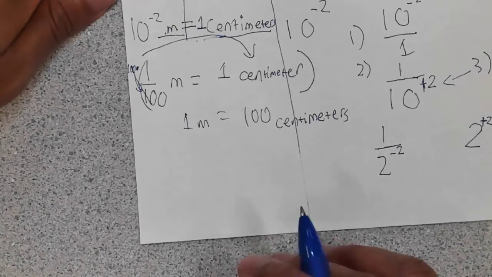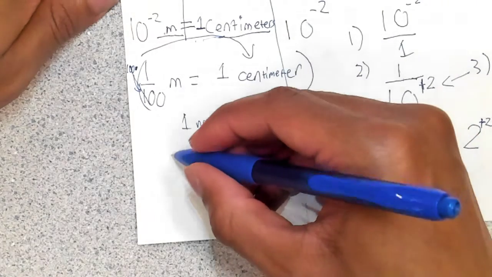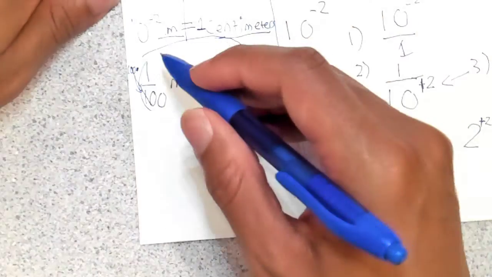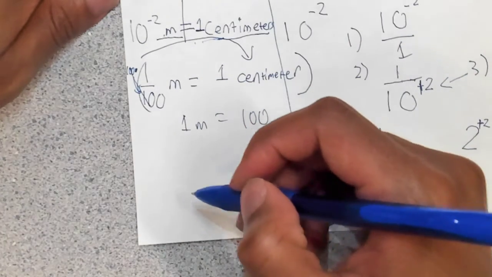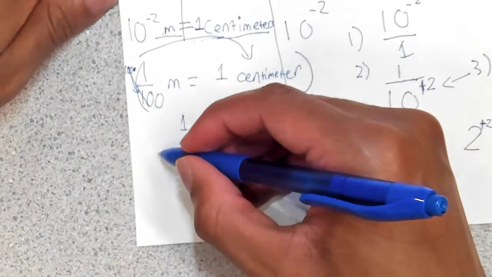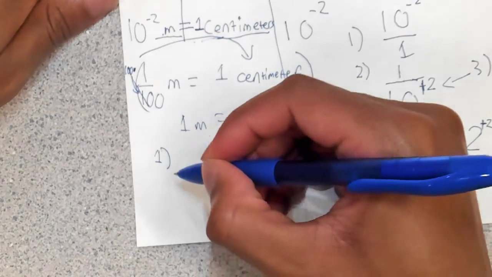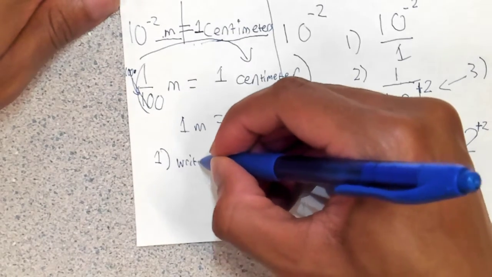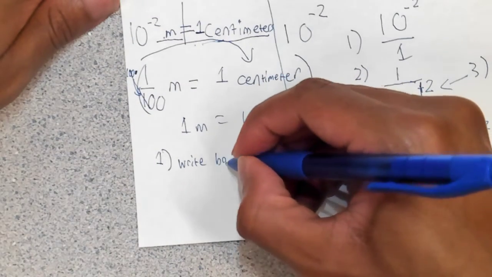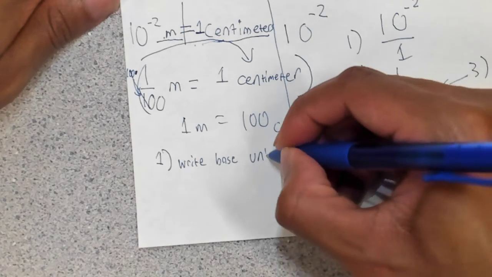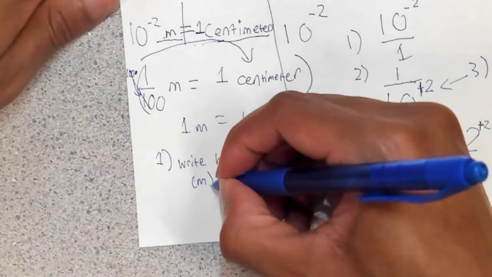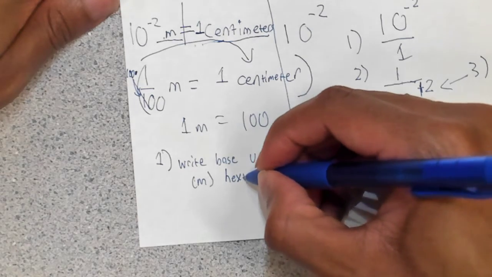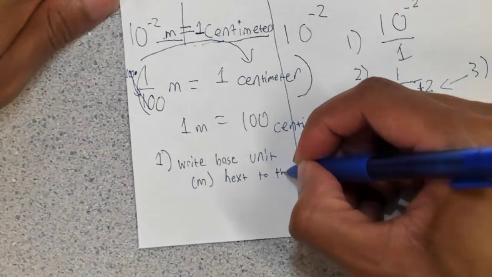So let me just spell out what I did. Took the conversion factor straight from the textbook, straight from the conversion chart. And then the first thing I did was I wrote in the base unit, which is M, next to the number.